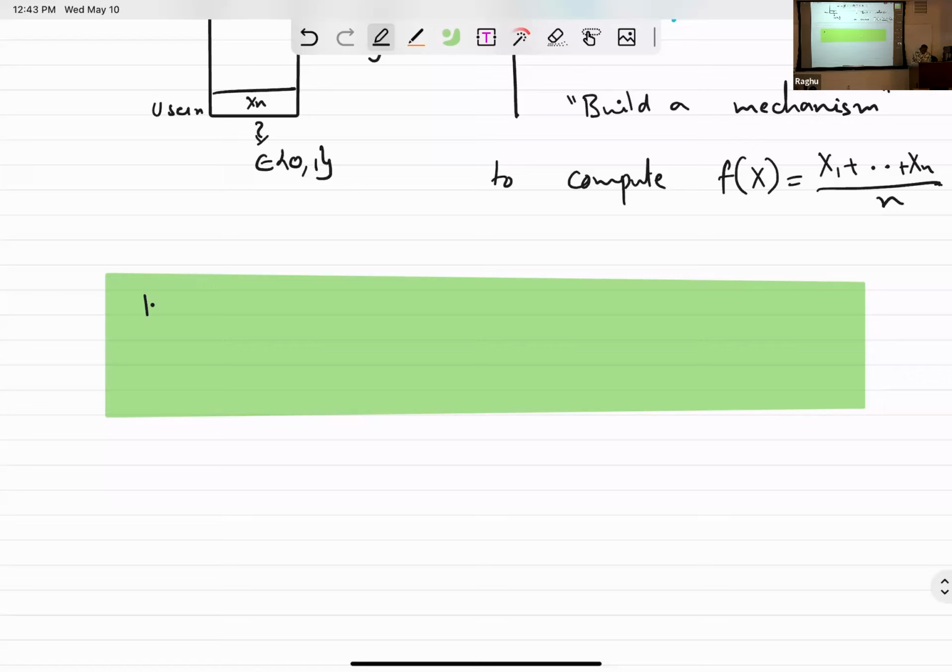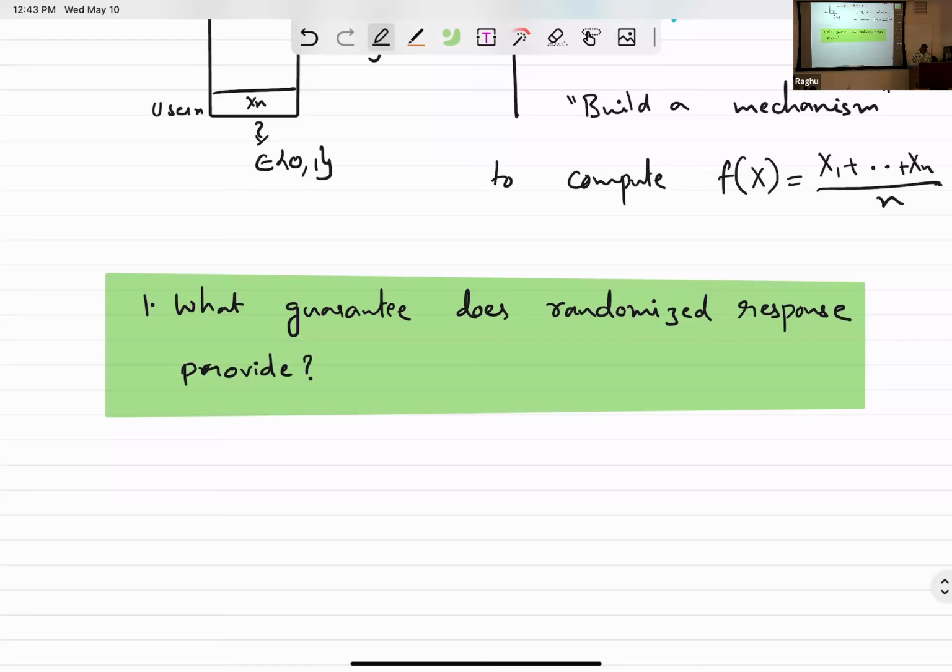So the first question is, what guarantee in terms of differential privacy does the randomized response mechanism provide for computing the mean?